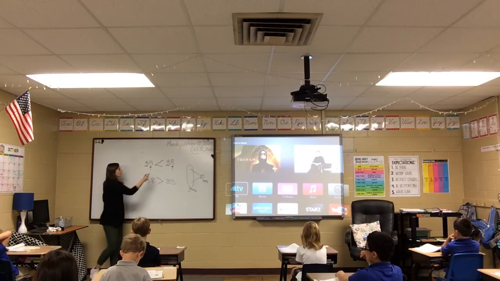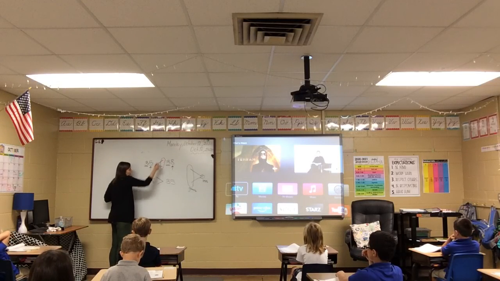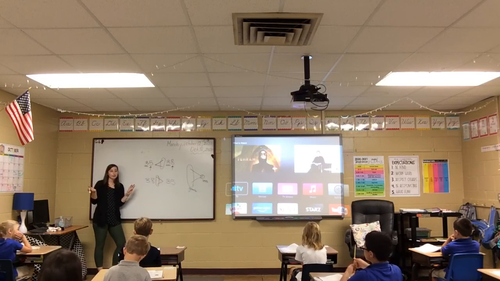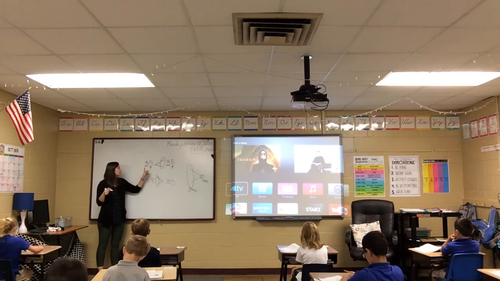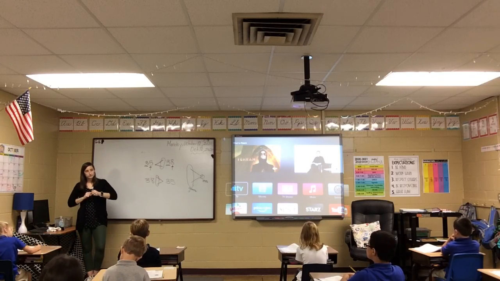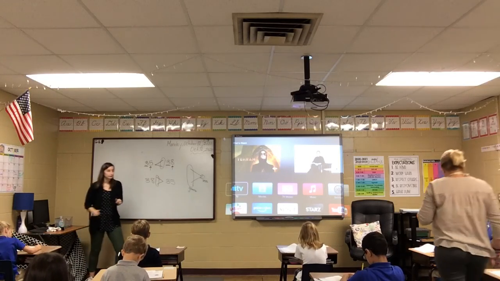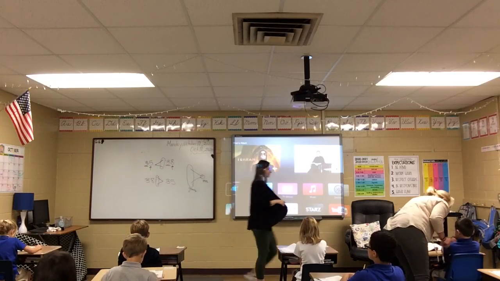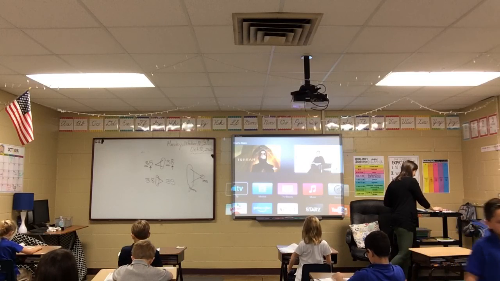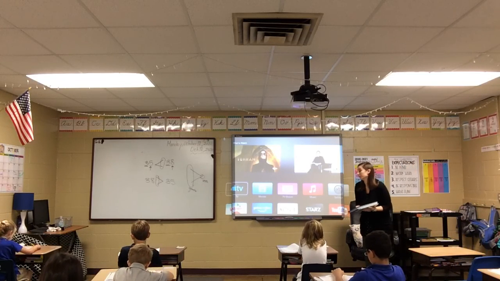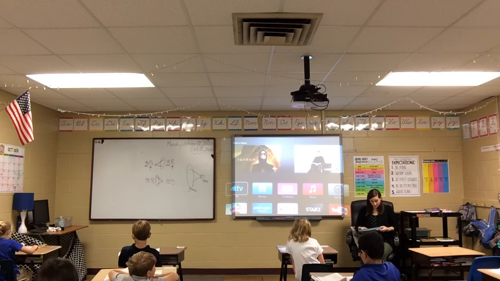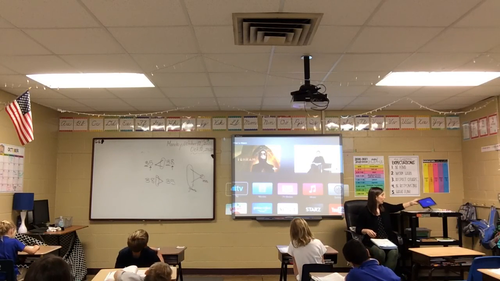As long as the open, larger part is facing the bigger number. Are 35 and 38 equal? No. To be equal, it has to be the same number as the other one. They're not the same number, so they wouldn't be equal. So first we look at the tens, then we look at the ones.